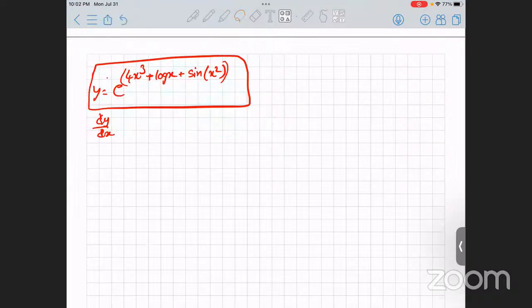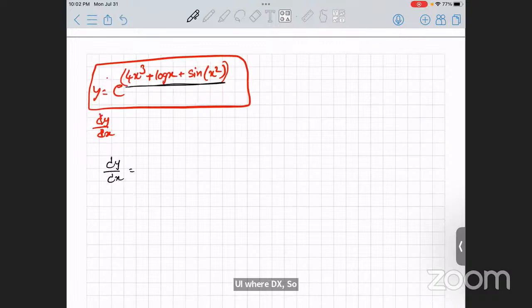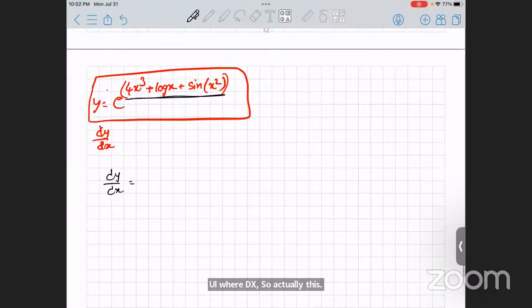Listen carefully. I am solving it. Here dy by dx: this is in the form of e power x, so it will become e power x.